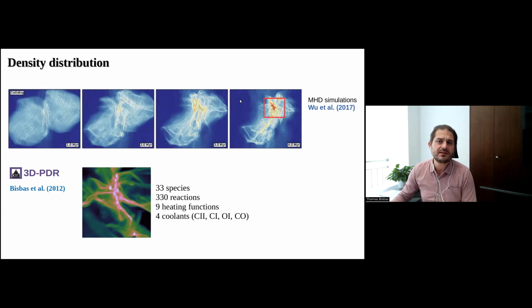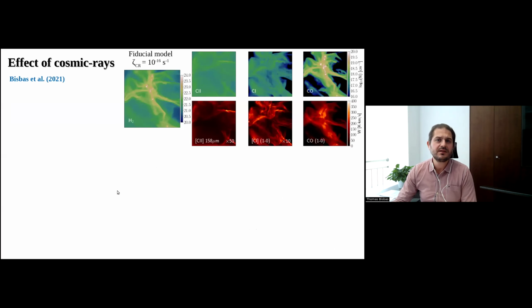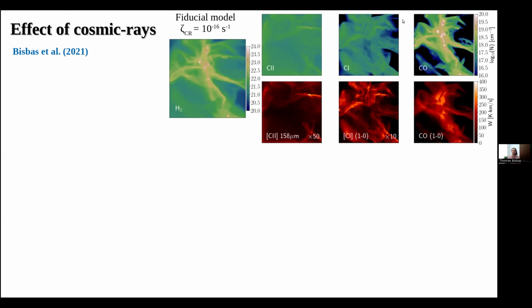So he just took a sub-region of these molecular structures, and then we embedded it in different ISM environmental parameters. So here you see our benchmark, which means that we have run this model for the standard ISM conditions, the solar neighborhood condition, if you want.